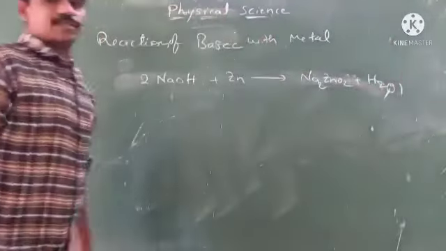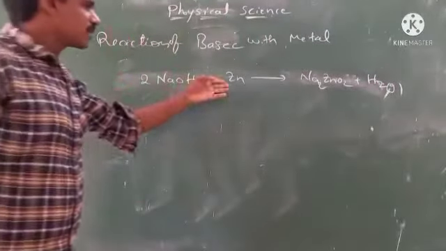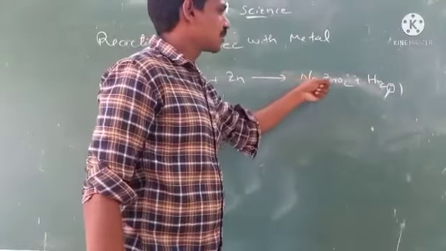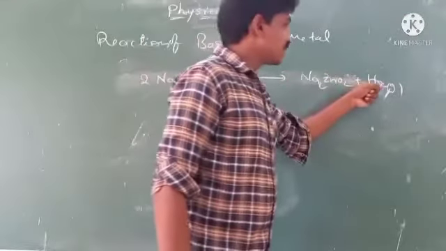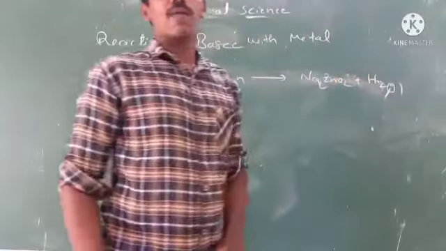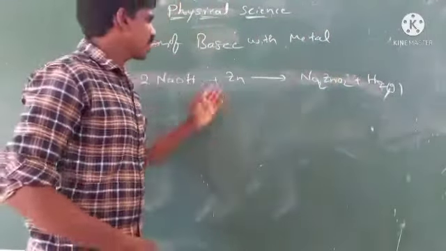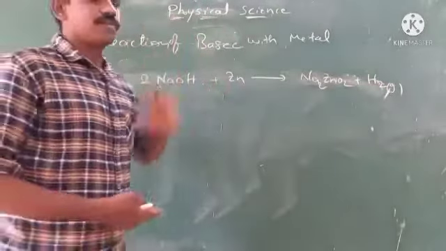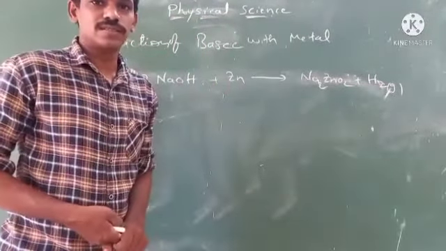Na2ZnO2, called sodium zincate, is a salt, and hydrogen gas is evolved. This is the reaction of a base with metal.